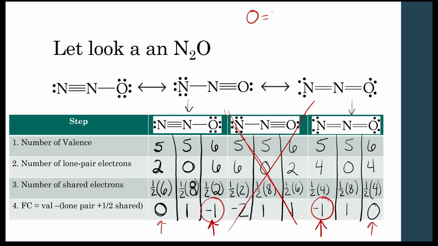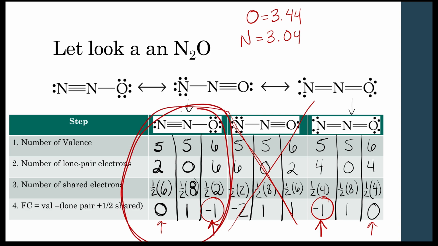Oxygen has an electronegativity of 3.44. Nitrogen has an electronegativity of 3.04. So it looks like oxygen's electronegativity is higher than nitrogen. So we want the structure that has the negative formal charge on that oxygen. So the best structure would be this first one. We can get rid of the last one now.